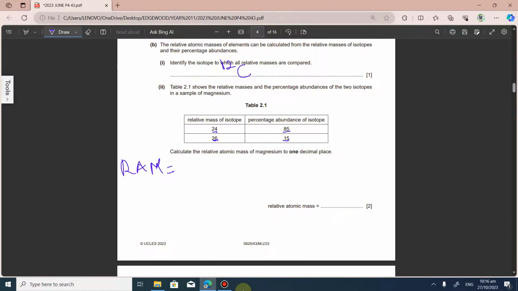What is the percentage abundance of the first isotope? So 85 over 100 multiplied by the relative mass of the first isotope, 24, plus the percentage abundance of the second isotope, 15 over 100, times the relative mass of the second isotope, which is 26.